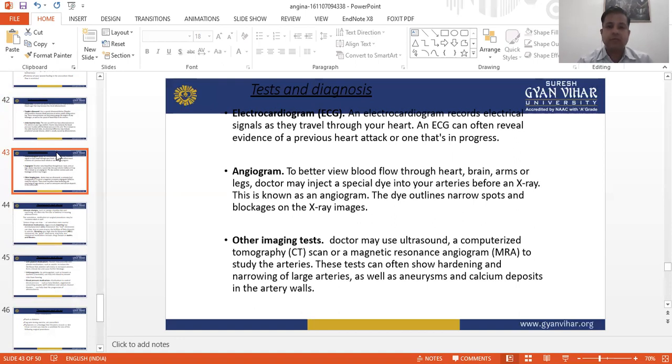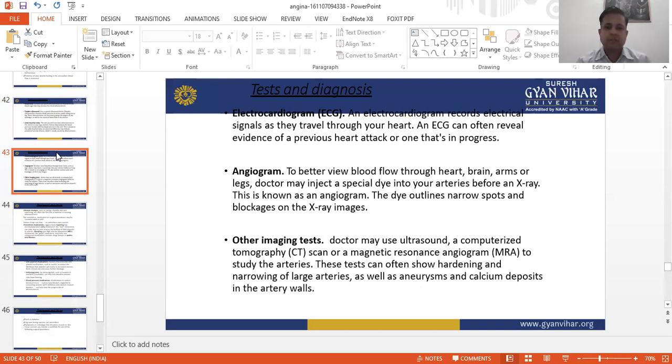To better view blood flow through the heart, brain, arms, or legs, a doctor may inject a special dye into arteries before an X-ray. This is known as an angiogram. The dye outlines narrow spots and blockages on the X-ray images.